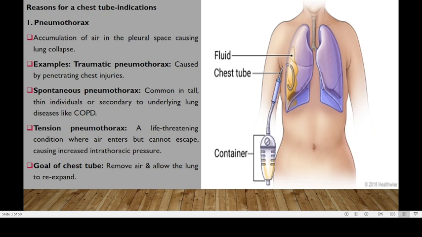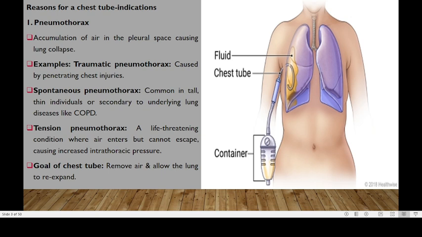So we have several reasons or indications why we carry out the procedure of the chest tube. Number one is pneumothorax, and pneumothorax is simply accumulation of air in the pleural space that is going to cause lung collapse. And it could be due to a number of reasons, like the traumatic pneumothorax, which is caused by penetrating injuries like gunshot wounds, or spontaneous pneumothorax, which is common in tall, thin individuals.